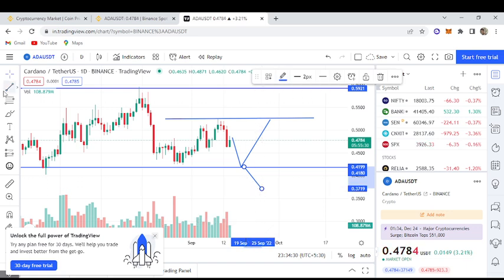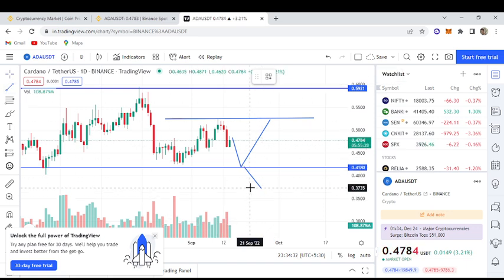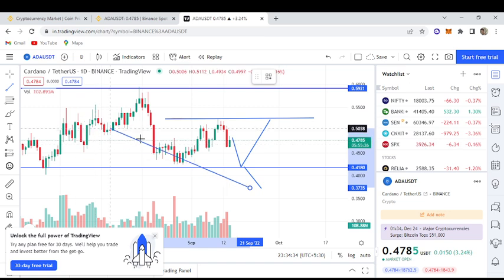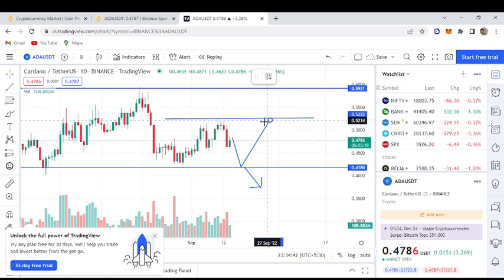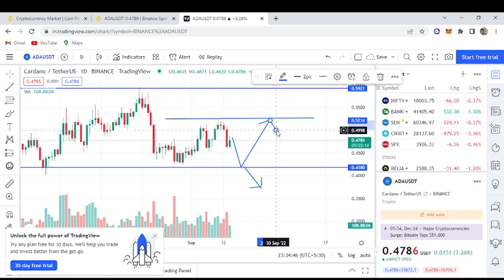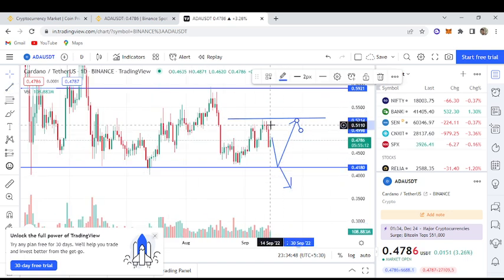Everything depends on BTC. If BTC does good, they're going to pump. If BTC doesn't do very good and dumps, then of course they will dump too. So that's our first possibility.